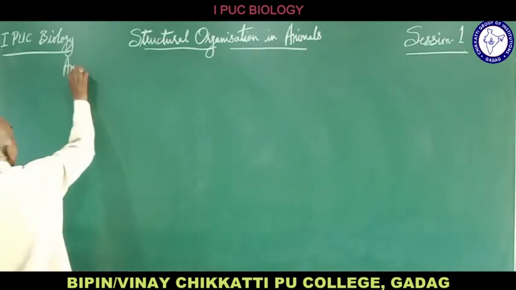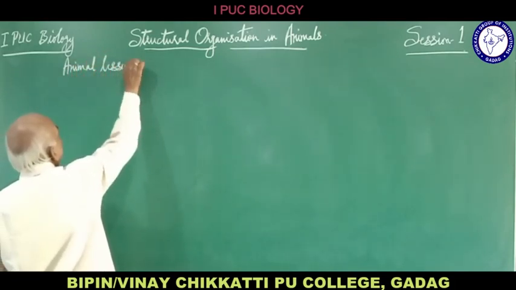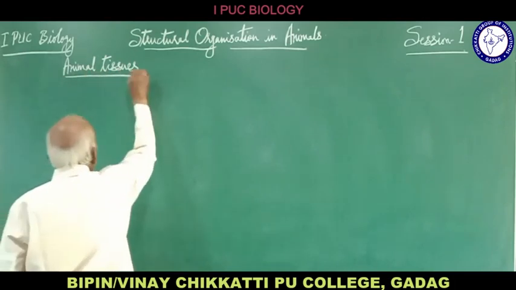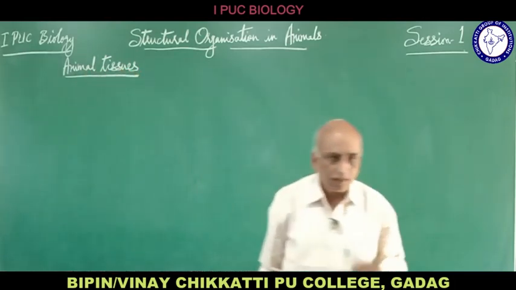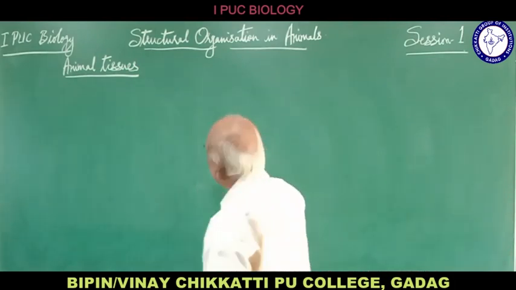So animal tissues, we study about the types of the tissues. So there are 4 types of animal tissues.